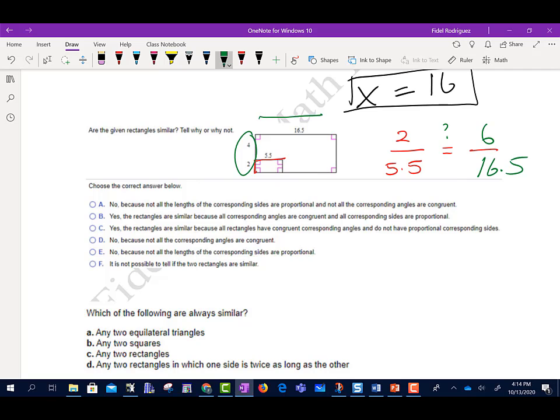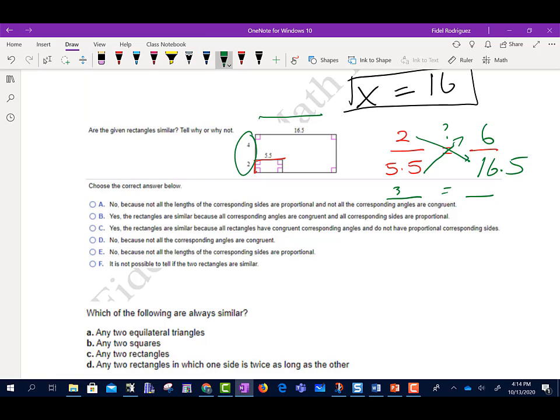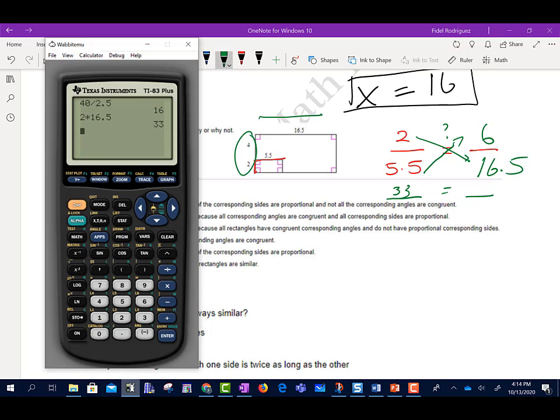Now I don't know if they're equal. The way we're going to find out is to cross multiply. So we're going to multiply these numbers across. Let me take my calculator. 2 times 16.5 gives me 33. Now let's take 5.5 times 6.